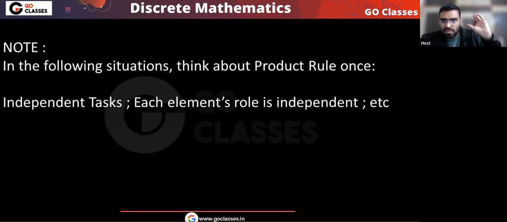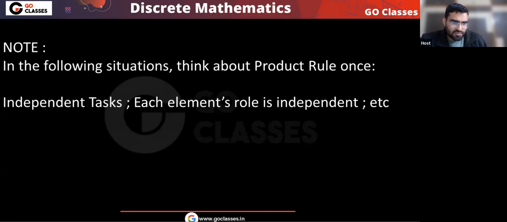Yes, proofs we will avoid. From tomorrow onwards, proofs will be avoided, and the Go Classes students don't have to worry, because all the proofs are already available in your notes. From tomorrow onwards there will be no proofs.